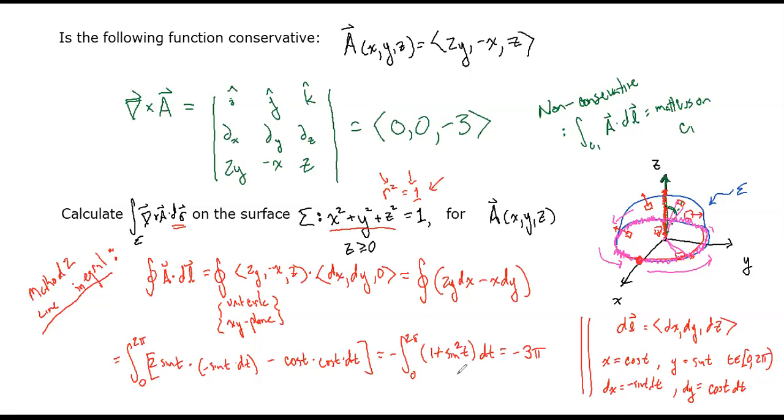I think sine squared of t is 1 minus cosine of 2t over 2. But Wolfram Alpha is fine at this point, and you should get the same thing. You should get minus 3 pi. So the minus 3 from the function itself, and then the pi is, again, the geometric contribution. But it should be the same thing.